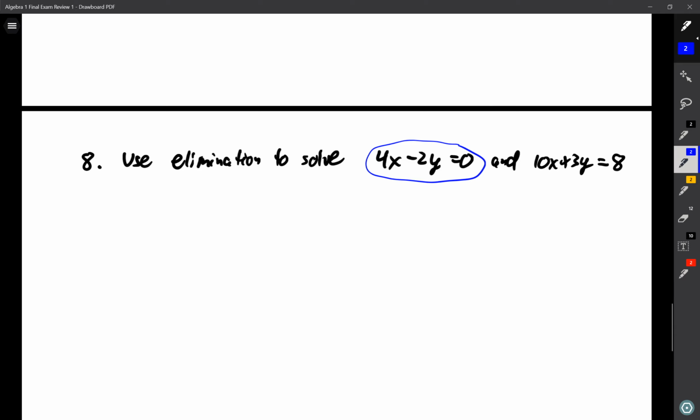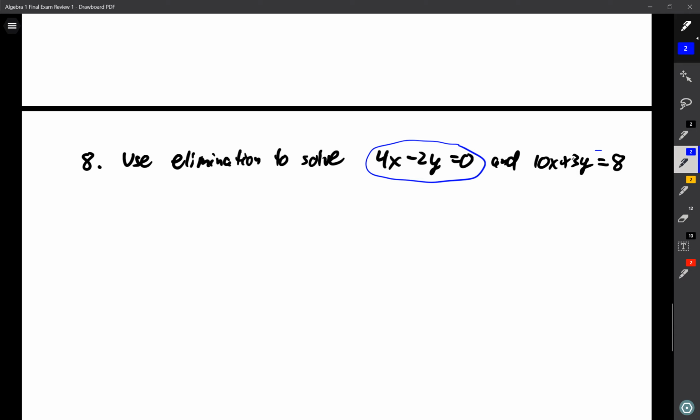So that's why we have to multiply both equations by something. What I can do is multiply this first equation by 3 and this second equation by 2. If I multiply the first equation by the second equation's y coefficient, and the second equation by the first equation's y coefficient, then they'll match.